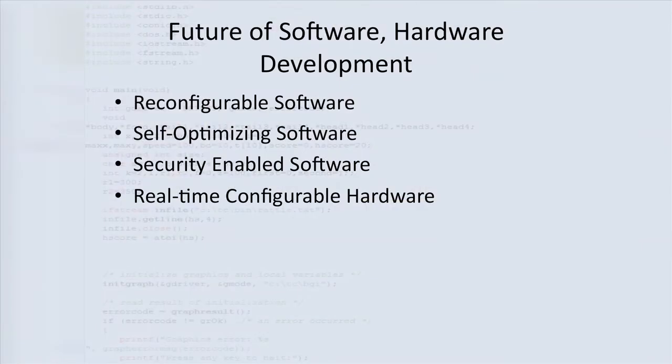So the future of hardware and software development is more reconfigurable software, okay? Self-optimizing software. Other than the problems that I've talked about, these are some other things we need to think about. Security enabled, right? I mean, everybody has downloadable firmware somewhere in some item. Well, not everything's protected from somebody downloading something that's not good, and that's starting to happen.